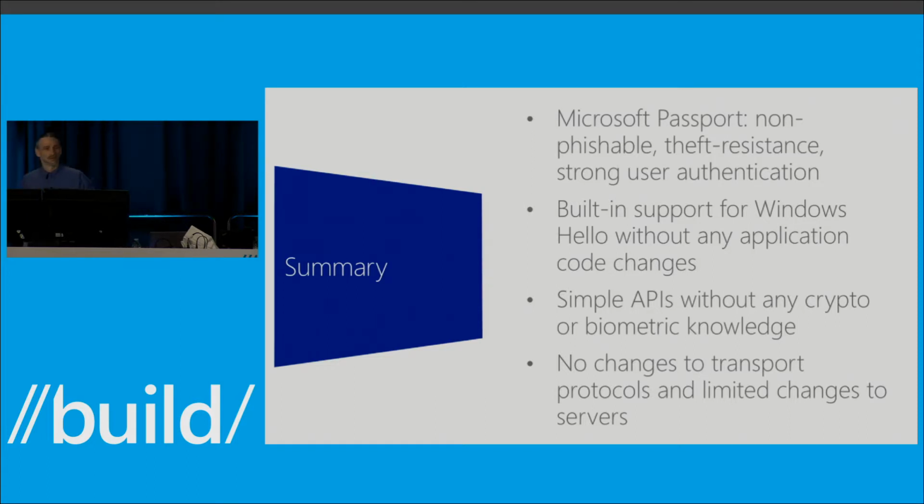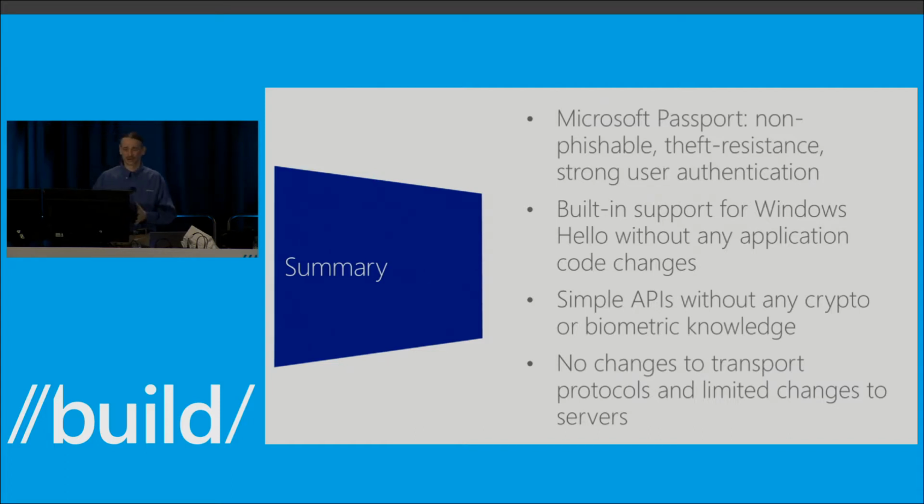We've also done a lot of diligence in making sure that these APIs are simple. We really understand that we want to make these simple to use, and we understand that not everybody's a cryptographer and not everybody's a biometric engineer. So with these APIs, you need no knowledge of crypto, no knowledge of biometrics, you're good to go. The APIs will just work and they're easily callable. We understand changing a protocol is expensive.